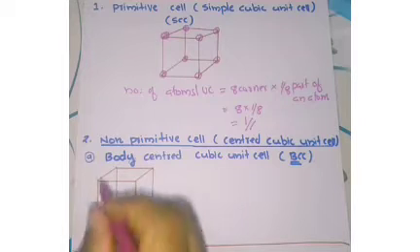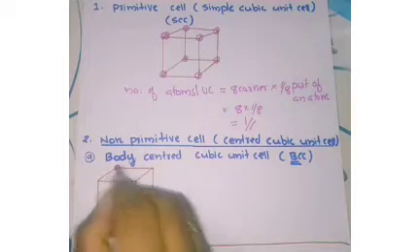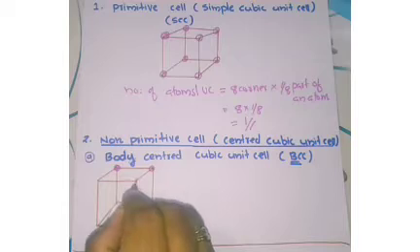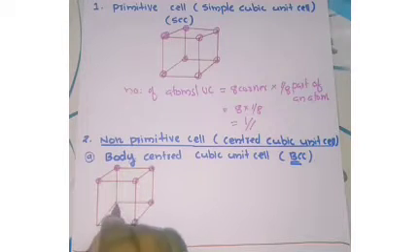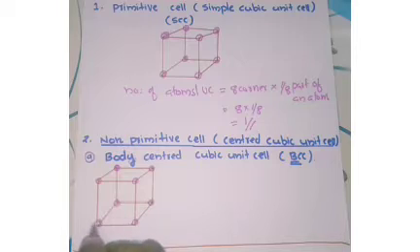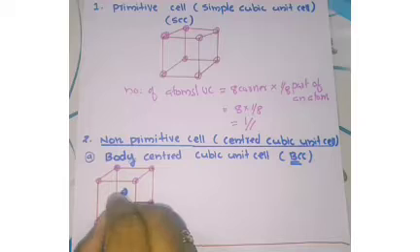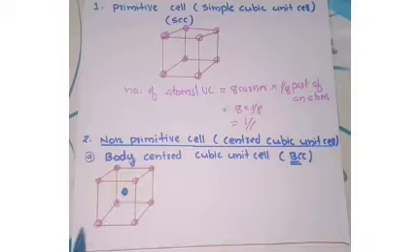Here atoms are arranged at the 8 corners of a cube and 1 at the body center.